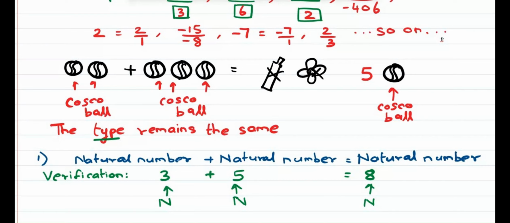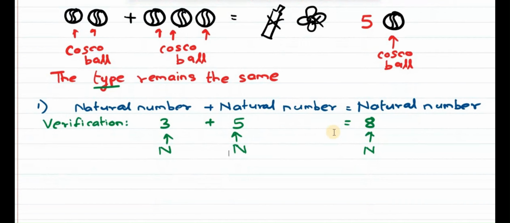And this particular conservation of type, that is, the type remains the same, is not always the case. As we will discuss many operations, this will not go as smoothly as in addition of natural numbers. Thankfully, we have got a natural number again.